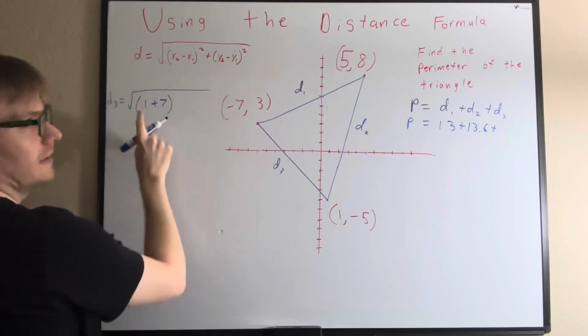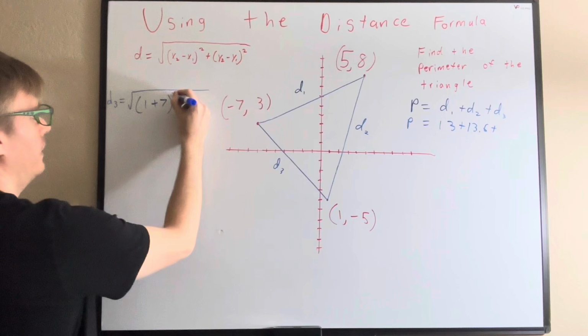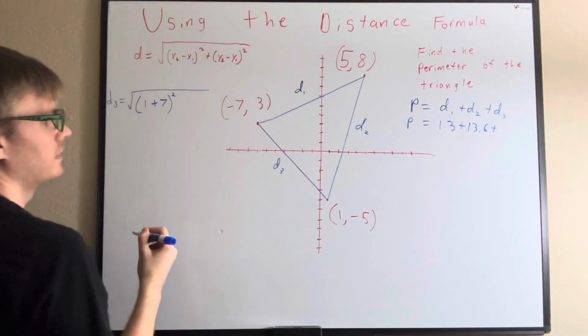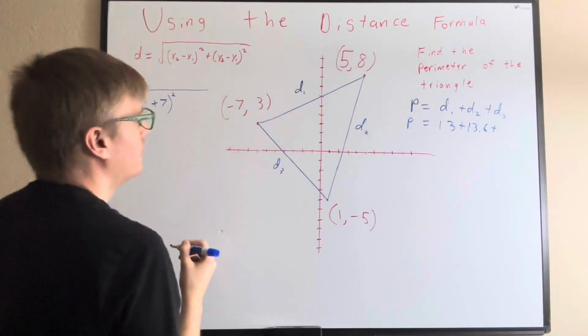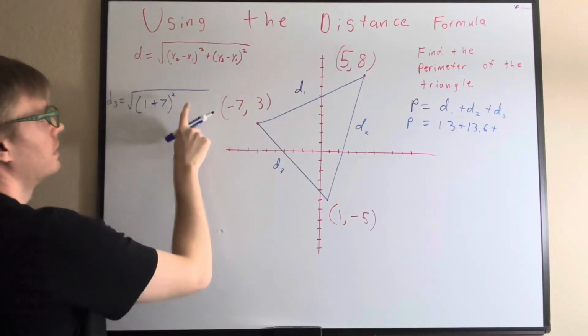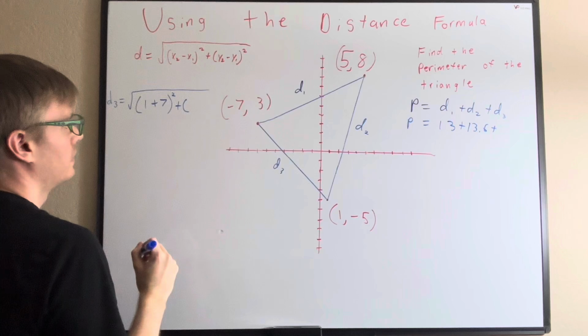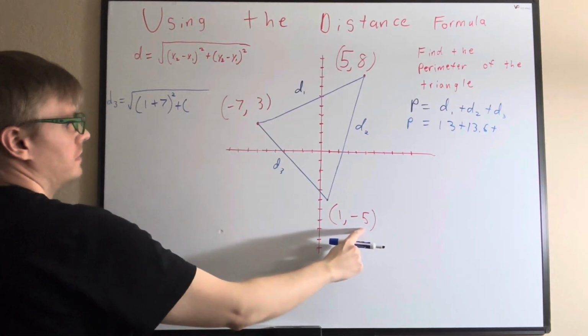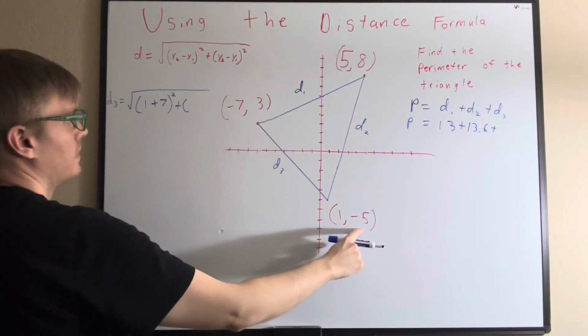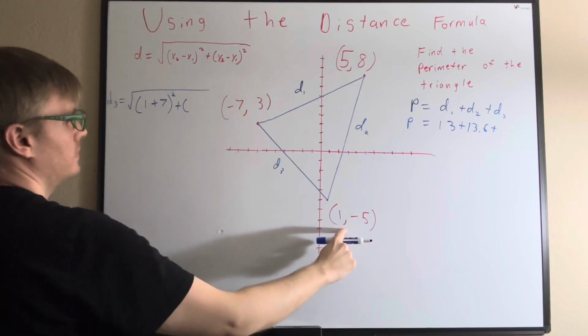Minus a negative makes it positive, so that's why I have a positive there. Now we add, this is our y2, right, because this was x2.